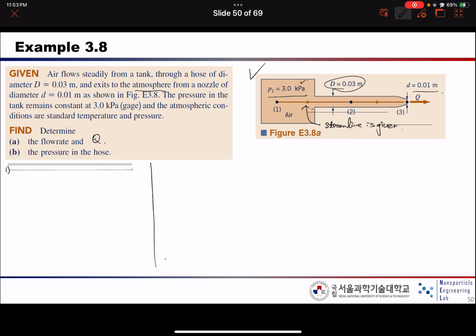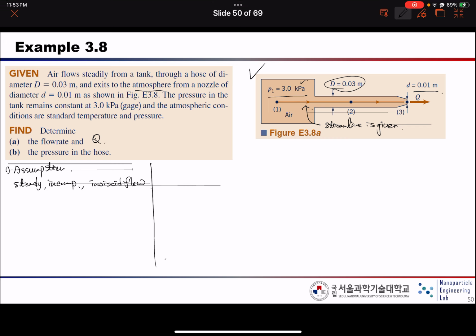So first assumption: steady, incompressible, and inviscid flow, right?